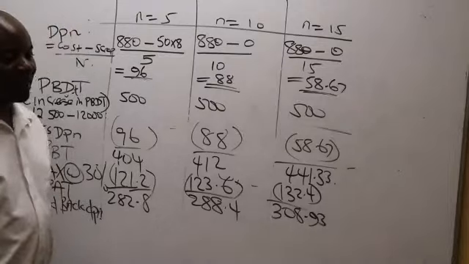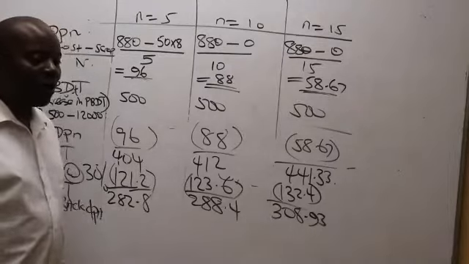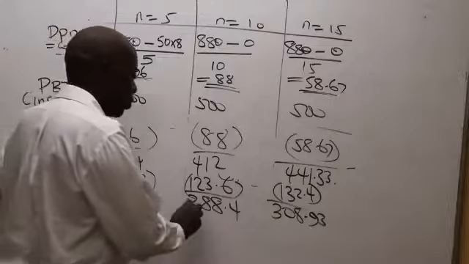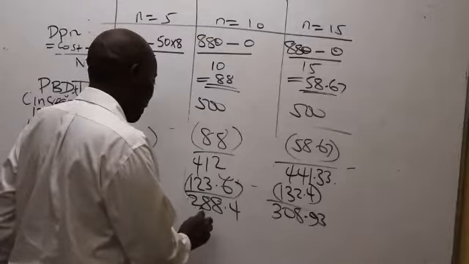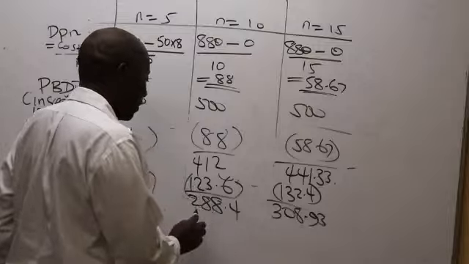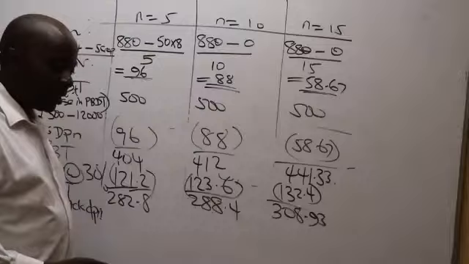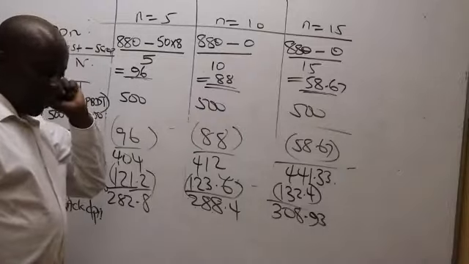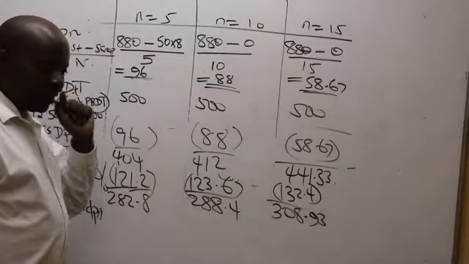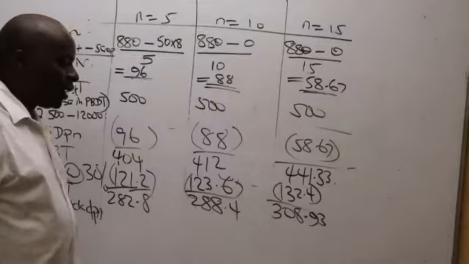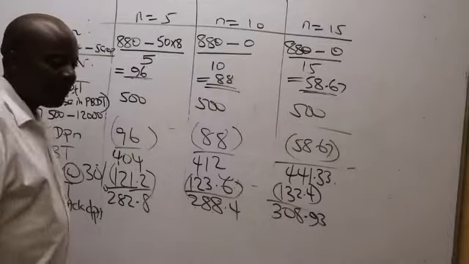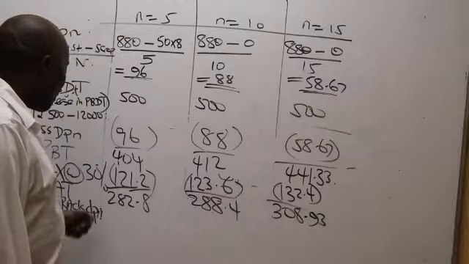Nobody has really seconded. Somebody is telling us, Mwalimu, straight away, but you see 288.1. Check again. It can't be that high, 370. It can't be 376. Check again.